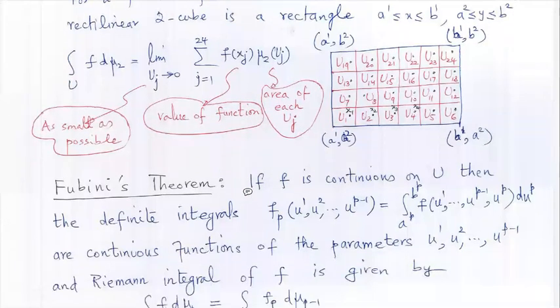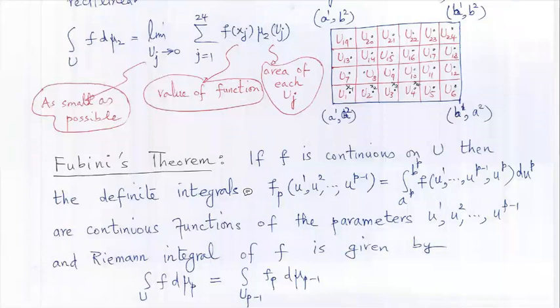There is a statement of an important theorem known as Fubini's theorem. If f is continuous on U, then the definite integral of f over the p-cube is equal to the integration of the function from ap to bp with respect to up. This is very simple: suppose you have a function of three variables, f of x, y, z, and you integrate it with respect to the variable z with the definite integral values, say a3 to b3.